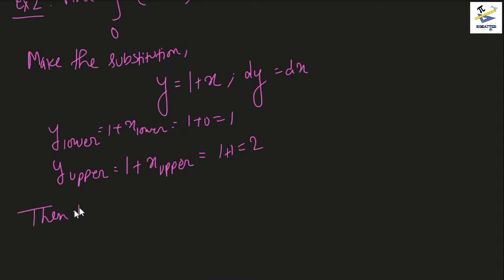Then the new form is I equals, and the limits would be 1 to 2, and this should just be y cube dy, right?